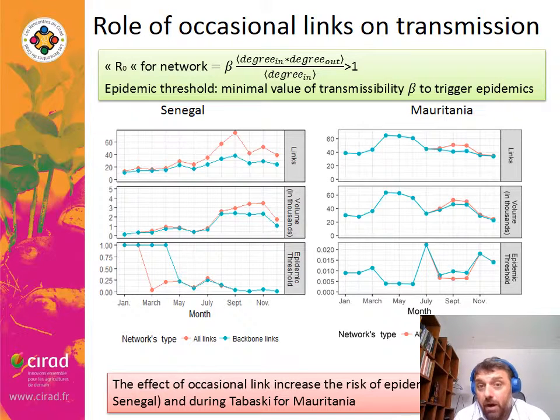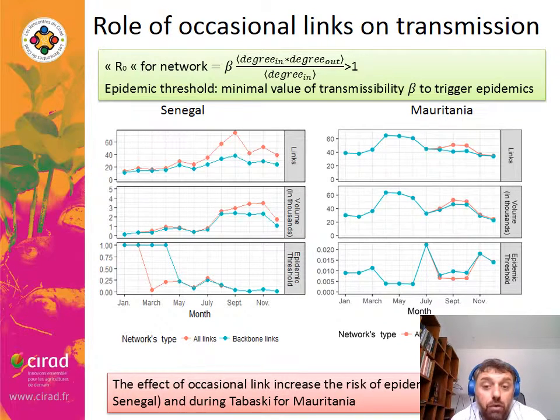For a disease to spread, this quantity should be bigger than 1. We define the epidemic threshold as the minimal value of this transmissibility beta for having R naught equal to 1. And so this depends only on the structural part of the network.